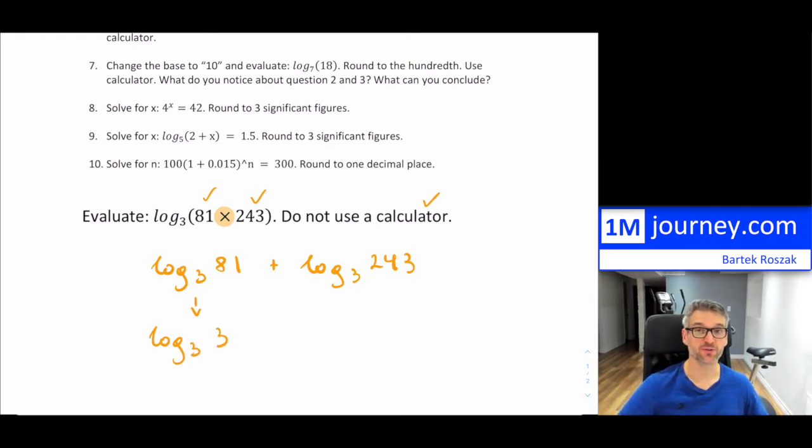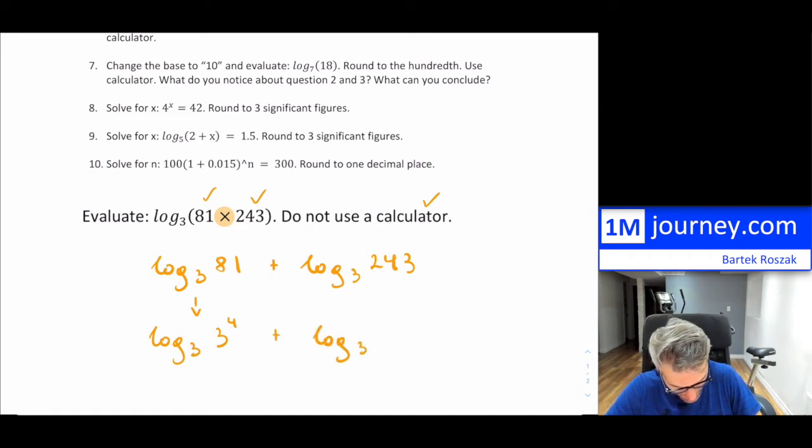I kind of know that 3 cubed is 27, and then 27 times 3 is actually 81. So this is going to be 3 to the 4. Plus, this is now log base 3, and this is 243, which is going to be just 3 to the 5. Because 81 is 3 to the 4, and therefore 81 times 3 is going to be 243.